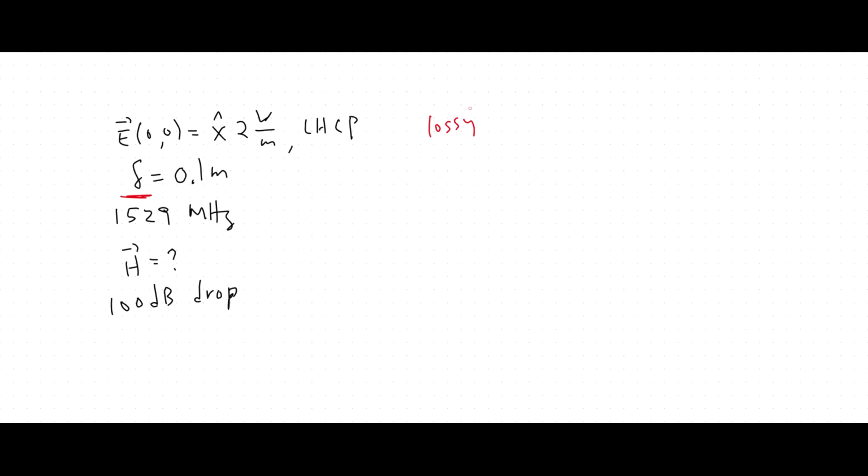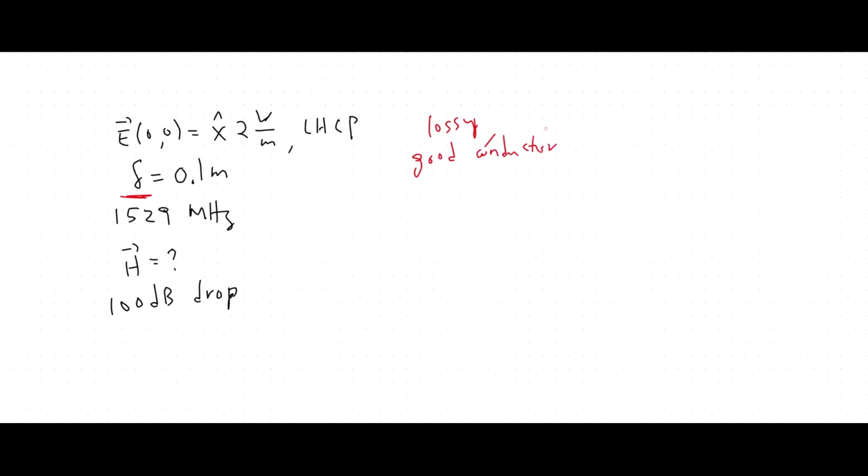Not only do I know this is a lossy medium, I know this is a good conductor because it has a skin depth. No one would talk about skin depth for a low-loss dielectric like plastic. It's only for a good conductor that we have this term skin depth. So automatically this is the good conductor limit, right?